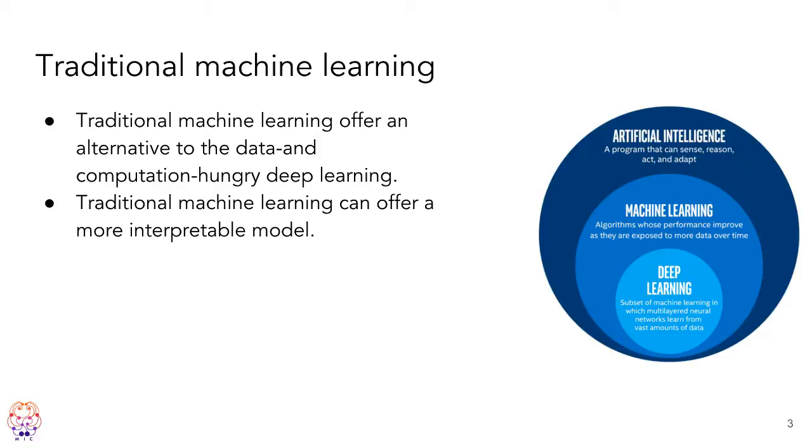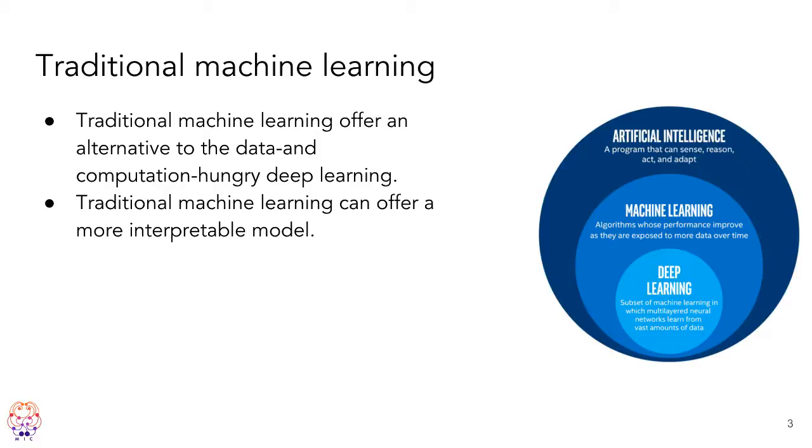For example, what we're going to cover today, which are K-nearest neighbor, KNN, and support vector machine. These algorithms are not neural networks, and take a different approach to machine learning, offering an alternative to the data and computationally hungry neural networks that you see run by Facebook, Google, Uber, etc.